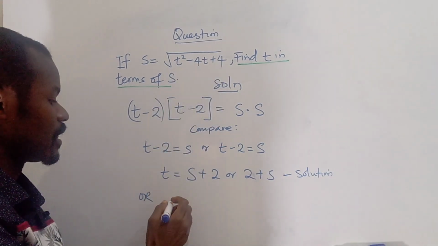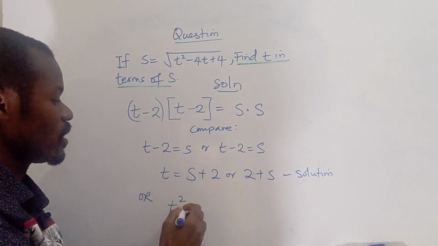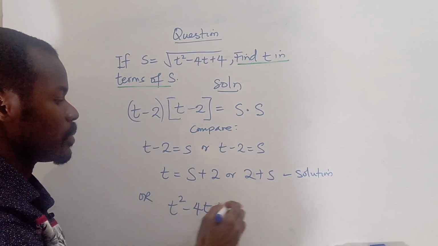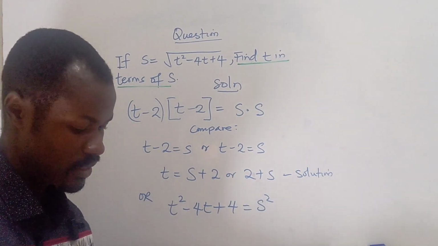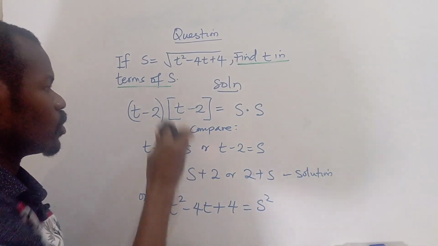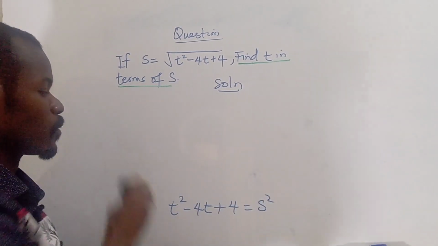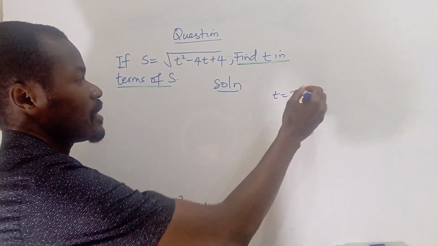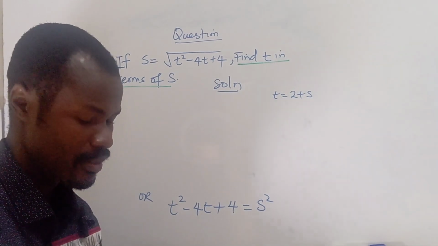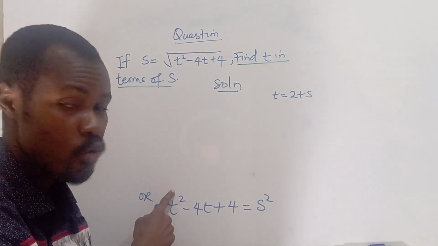If I have this expression, which when we squared both sides gives t squared minus 4t plus 4 is equal to s squared, let's start from this place. We have gotten t is equal to 2 plus s as one solution, but that does not finish the equation because we have t squared.